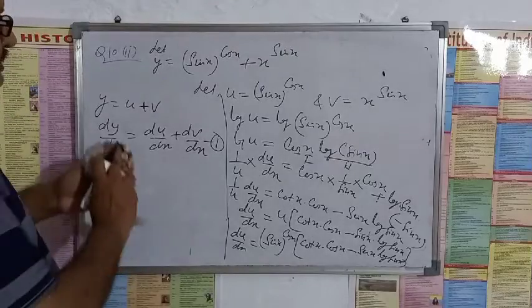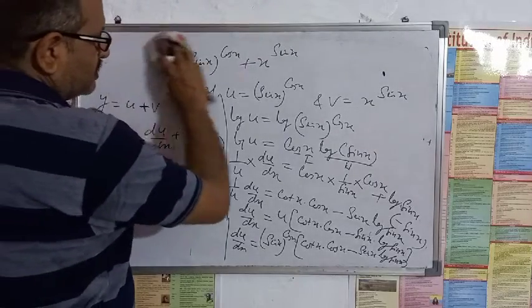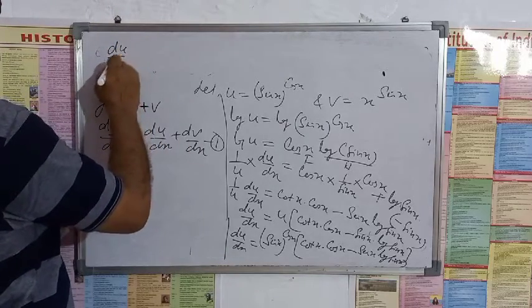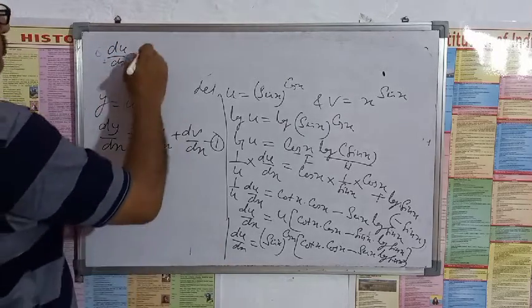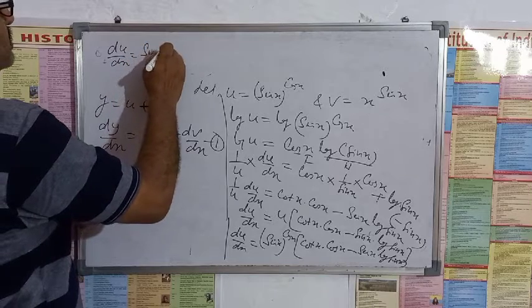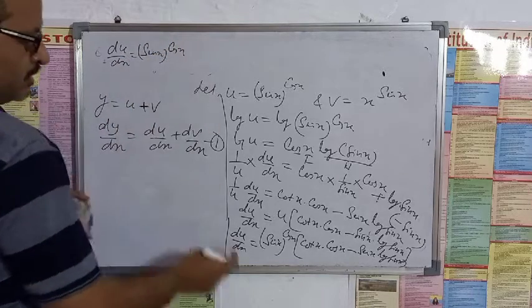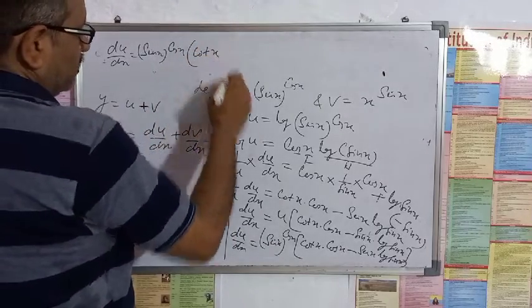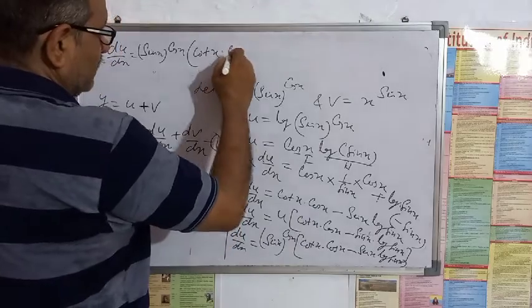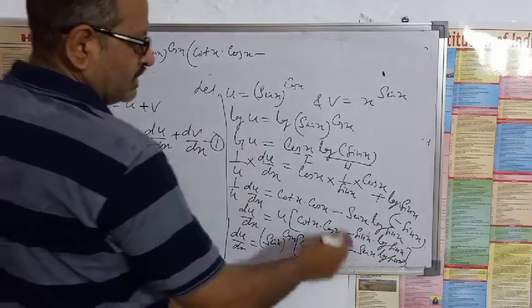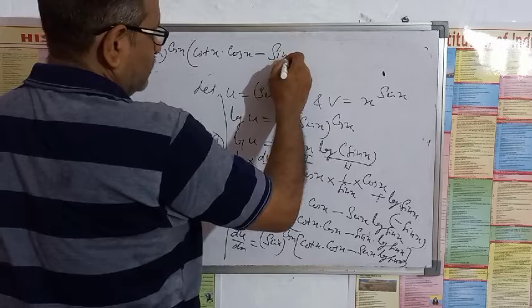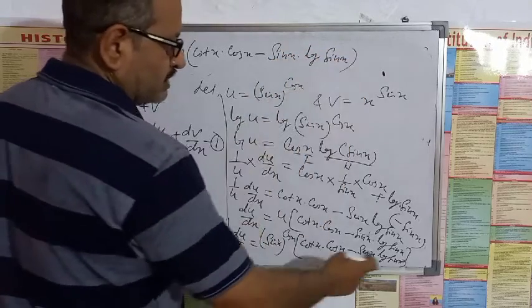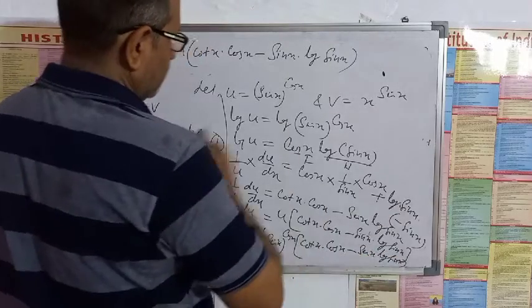So firstly write here du by dx is equal to sin x to the power cos x in bracket cot x into cos x minus sin x into log sin x.